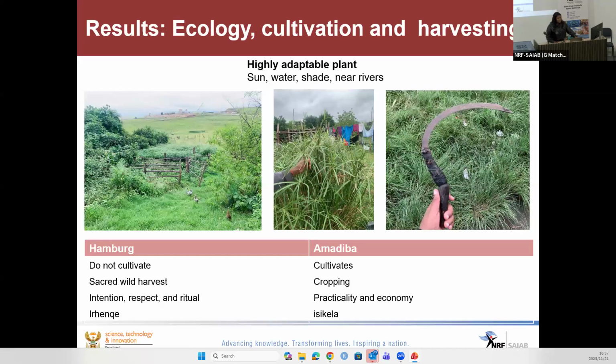In terms of ecology, both communities described imizi as a highly adaptable plant. It survives the sun, it survives shade, it loves water, but it can also grow in drought. In terms of cultivation, the Hamburg community does not cultivate, and they see cultivation as being offensive to the ancestors.